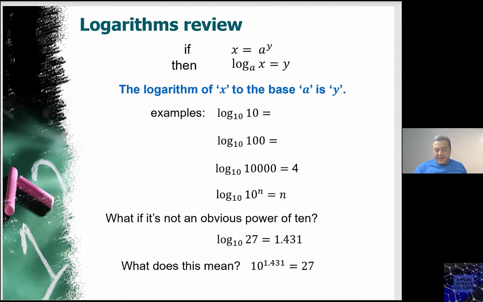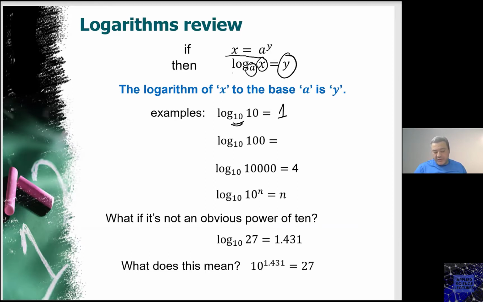We have x equal to a to the power y, so the base here is a, and if I take the logarithm of x with the base being a, then I will be interested in the power of a. So if my logarithm here is to the base of 10, which is the common logarithm, then 10 to the power 1 equals 10, and the logarithm of 10 equals 1.